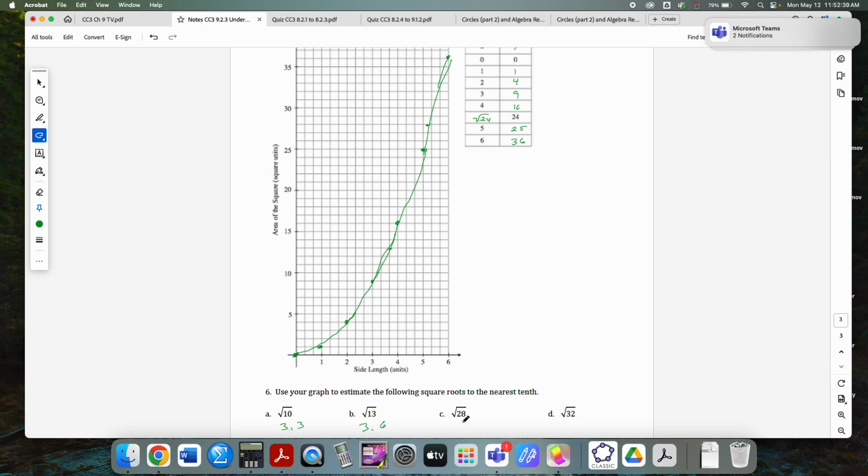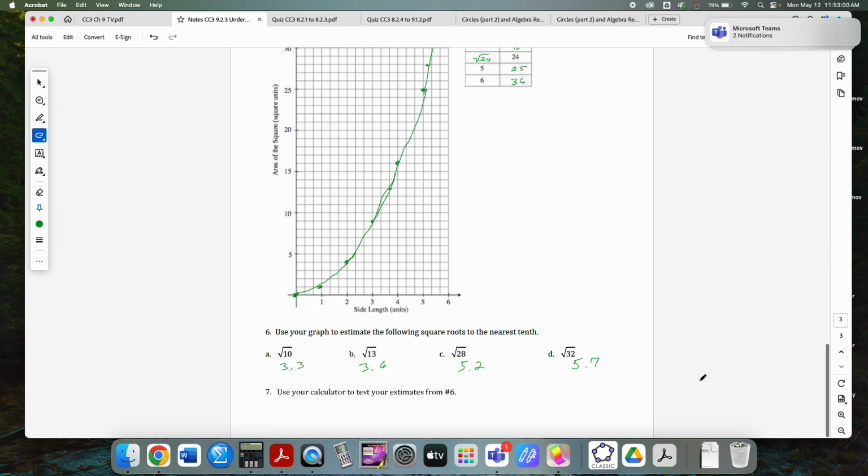I'm going to say 5.2. And then the square root of 32 is here, and that's about 5.6, 5.7. We'll say 5.7 approximately. All right, we're not going to do the calculator part.